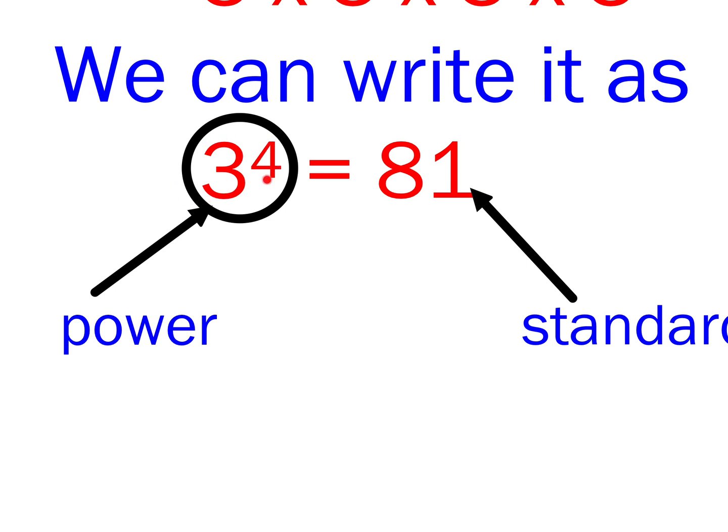The 4 is how many times it repeats. That's the exponent. The whole thing is called a power. Okay? The whole thing is a power, but the 3 is the base and the 4 is the exponent. And 81 is what it's equivalent to.